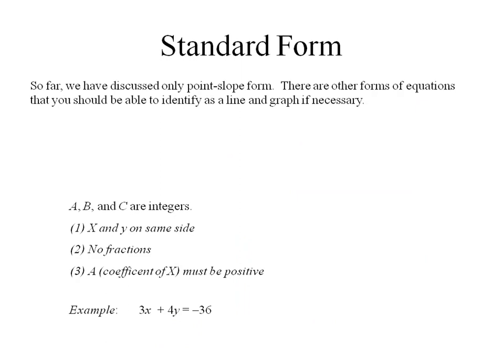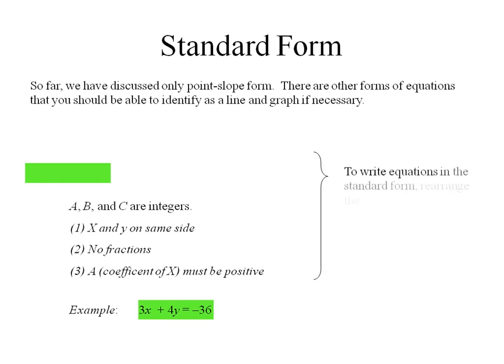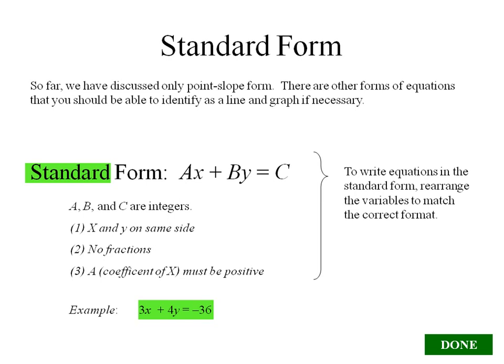So far we have discussed only point-slope form. There are other forms of equations that you should be able to identify as a line and graph if necessary. And that form is standard form, which is ax plus by equals c. So in order for an equation to be in standard form, you must have the x and y on the same side, no fractions, and your a, which is the coefficient of your x, must be positive.